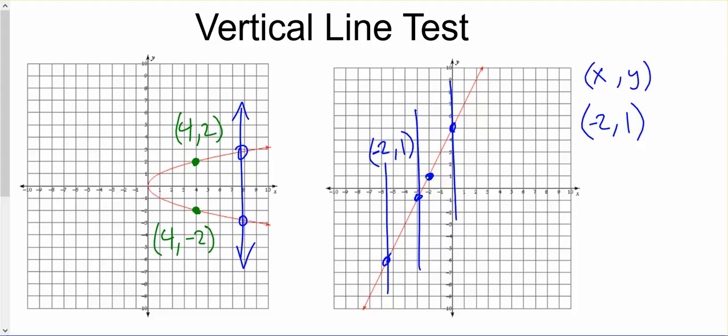It's always at -2, 1. Where here, if I was at 2, I'm right here, but 2 is also right here. That's why this one doesn't pass the vertical line test. This is not a function, and this one over on this side is a function. Yes, it is a function. It passes the vertical line test.